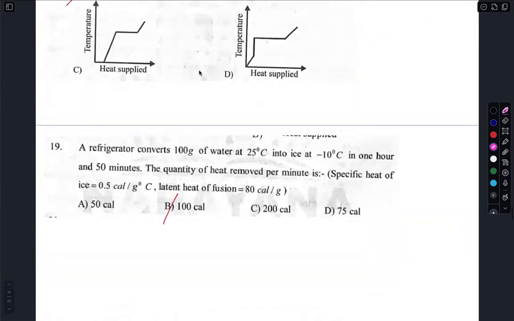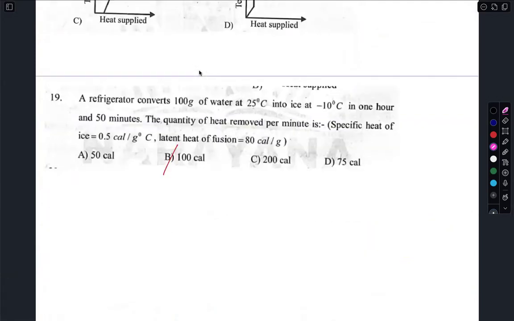Next. A refrigerator converts 100 grams of water at 25 degrees centigrade to ice at minus 10 degrees centigrade in 1 hour and 50 minutes. And don't forget, this is all a combined statement. Quantity of heat removed per minute is?